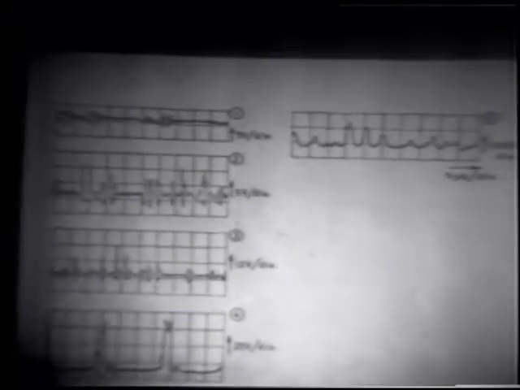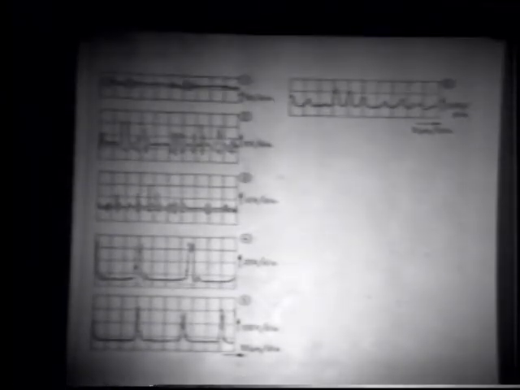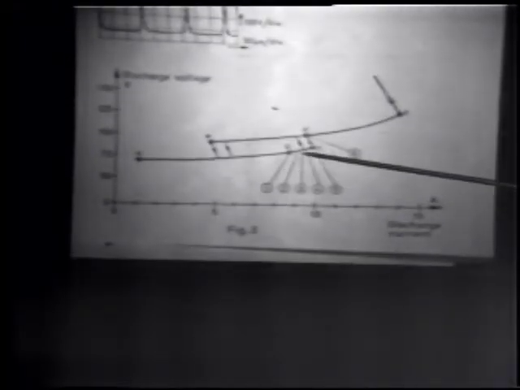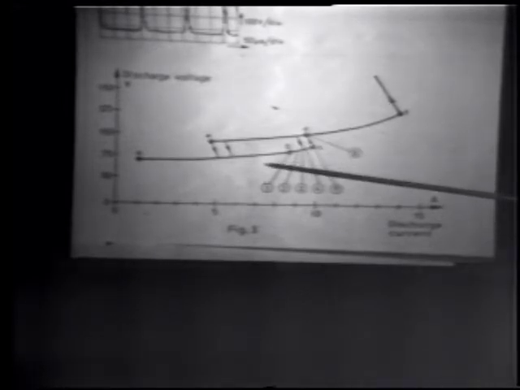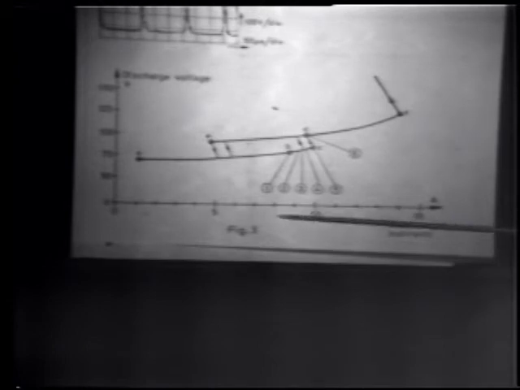This shows the characteristic potential against current for the discharge itself. If you have a low current, you go along this characteristic. It's an arc discharge, so the currents are of the order of amperes.